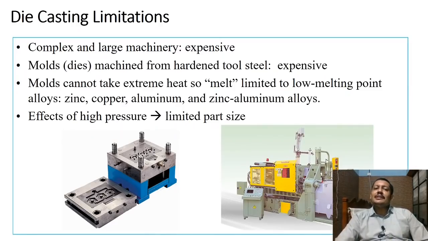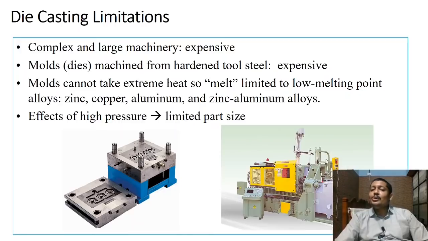So limitations: the cost of machinery is very high for small components. For a lesser number of components, the feasibility of the product will be questionable. So mold dies are machined from hardened tool steel, so that machining is not easy. It is a little bit costlier.